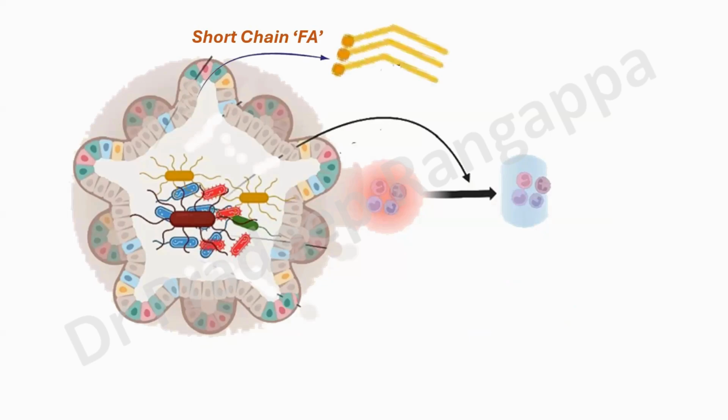I already told, primary biliary acids get converted to secondary biliary acids in the presence of these anaerobes. Along with short chain fatty acids, they are needed for maintaining the integrity of goblet cells. So these microbiome are essential for short chain fatty acids optimization and production of short chain fatty acids.